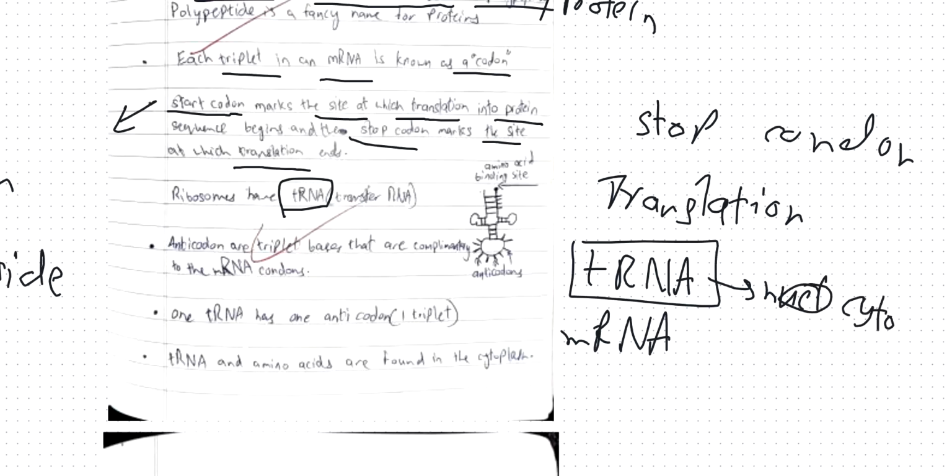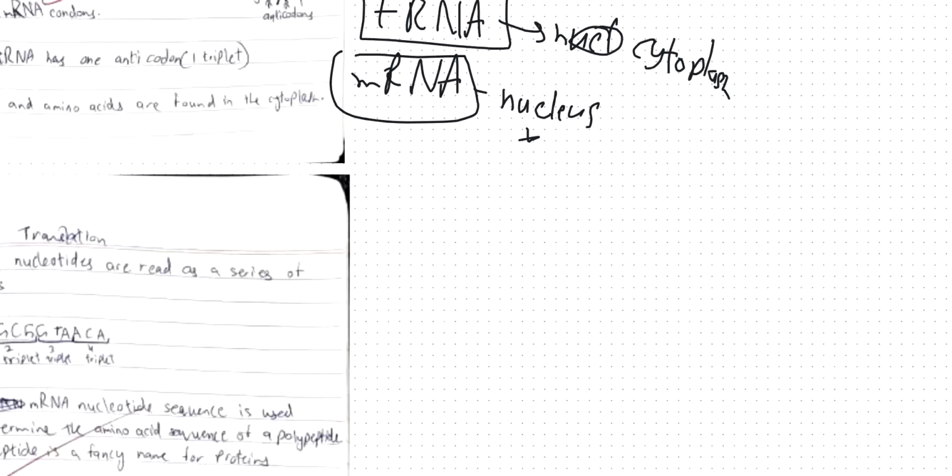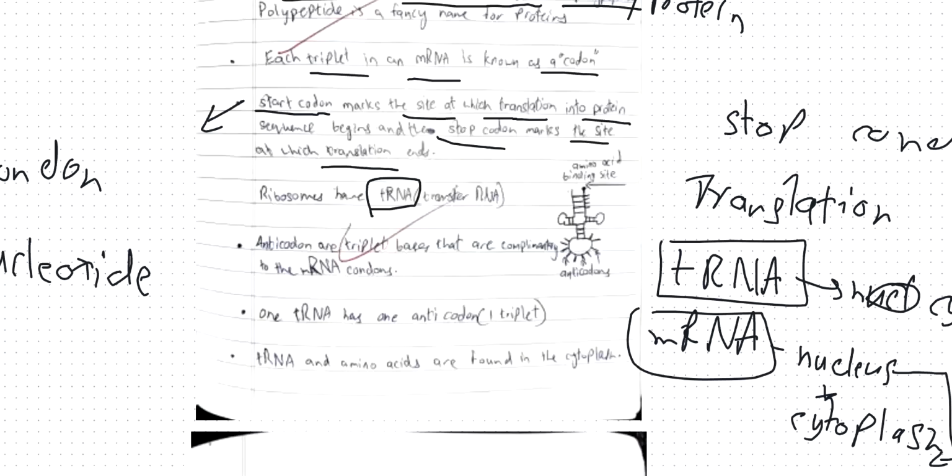And the mRNA is made in the nucleus and is found in both the nucleus as well as the cytoplasm, because the mRNA will move from the nucleus to the cytoplasm. And anticodons are triplet bases that are complementary to the mRNA codons. And the anticodons are found on the tRNA. I'll explain all of this, but for now, just know what anticodons and codons are.